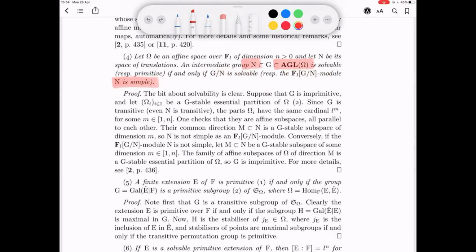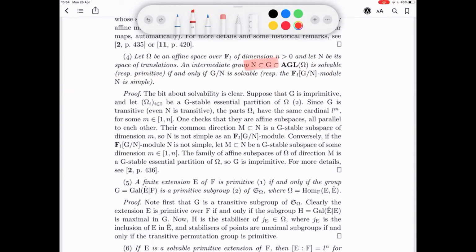The answer is that the action is sort of there. It's there because N is a normal subgroup of G. So elements of G act on N by conjugation, or what are also called inner automorphisms. An element little g of capital G will take an element little n of capital N into g n g inverse.